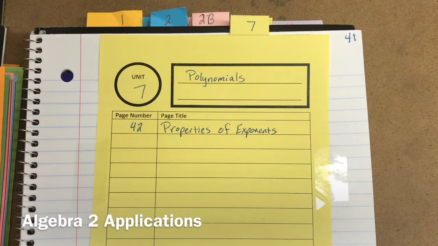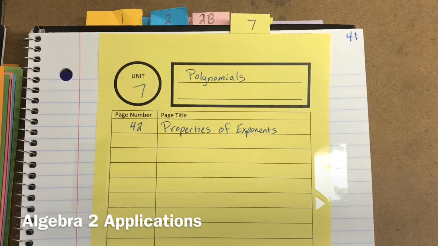All right, so today we're going to be talking about polynomials, starting chapter 7. And we're going to be doing properties of exponents. So don't forget to put the page number for what your notebook is on. I'm going to be on page 42.